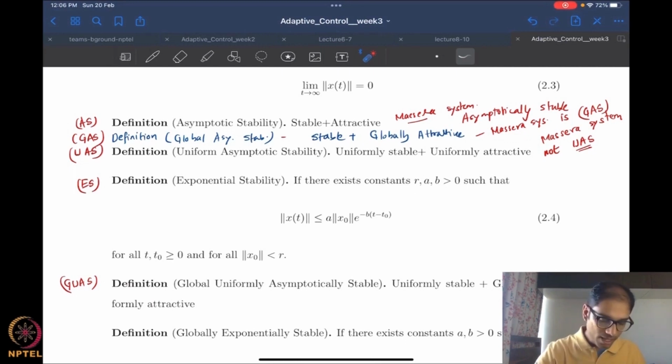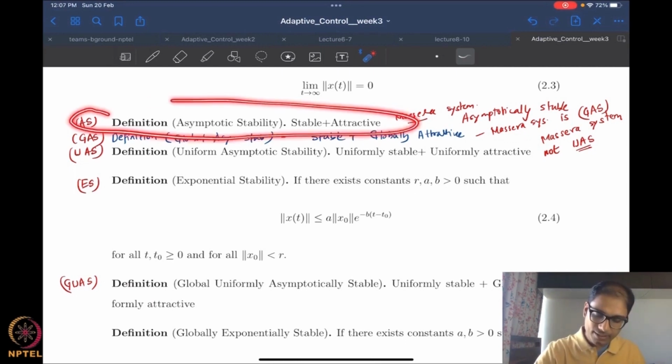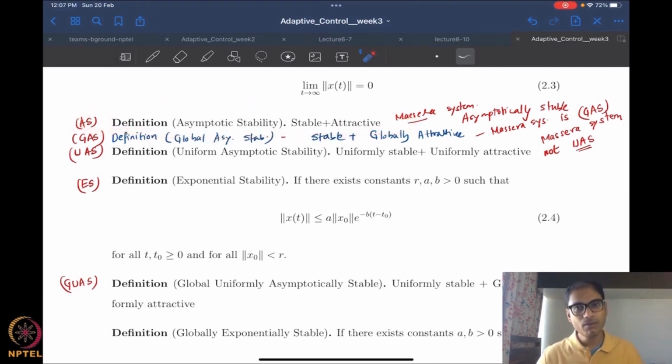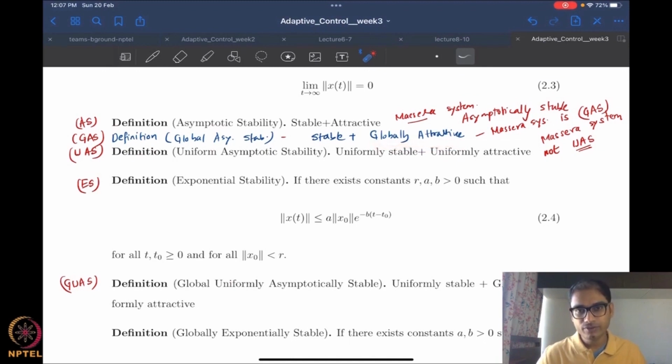The system is asymptotically stable, but it is something more because the system converges from any initial condition to the origin. That is something stronger than just asymptotic stability, which is a local notion. Therefore, this notion of global asymptotic stability also exists, which this Massera system satisfies, that is, stable and also globally attractive, right?